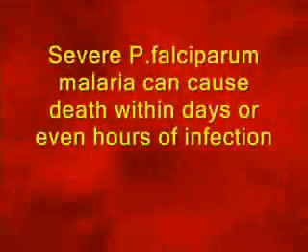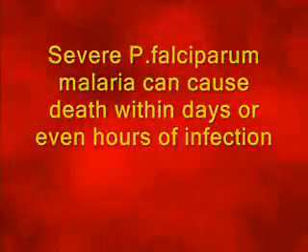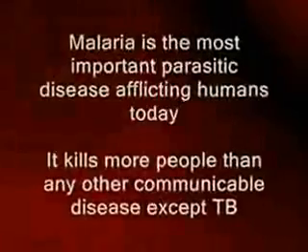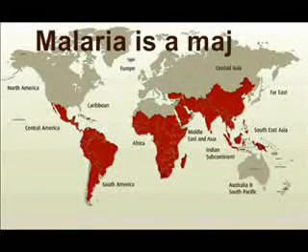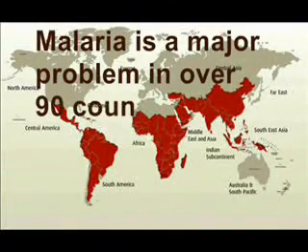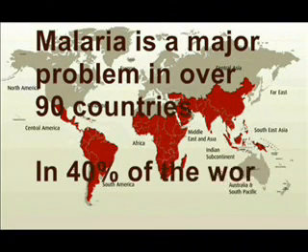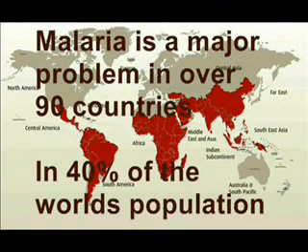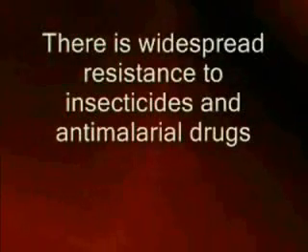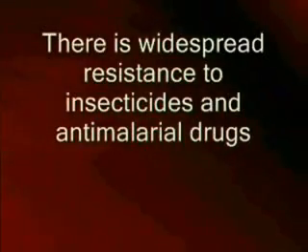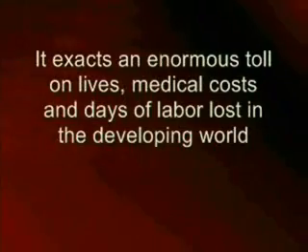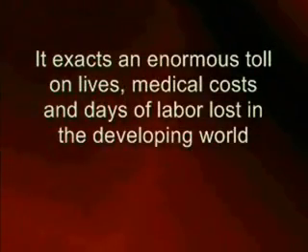P. falciparum is a major problem in many tropical and subtropical countries such as Africa, Central and South America, the Middle East and the Indian subcontinent, where areas of stagnant water and higher temperatures foster the survival of the Anopheles mosquito. There is widespread mosquito resistance to insecticides, and parasite resistance to anti-malarial drugs is escalating.